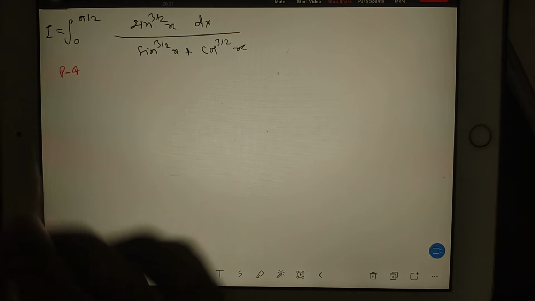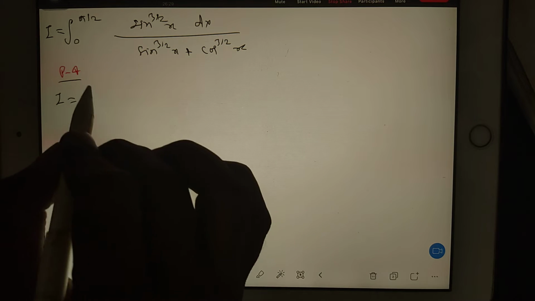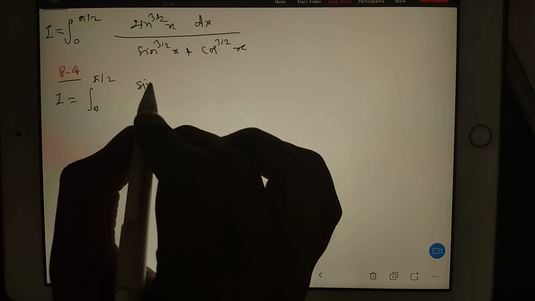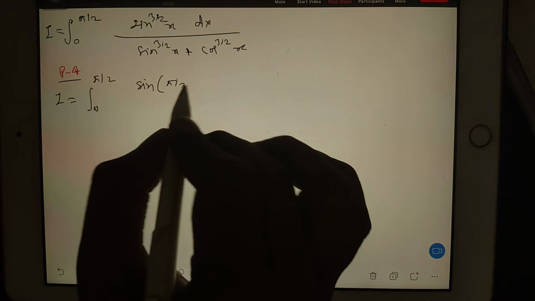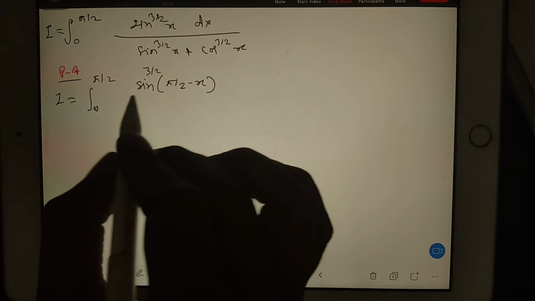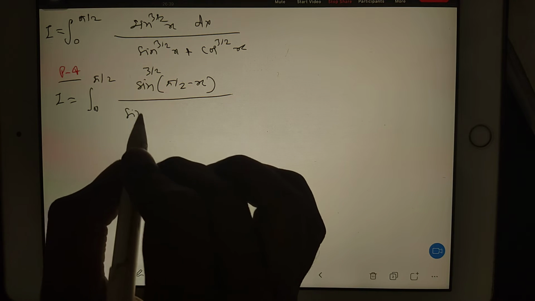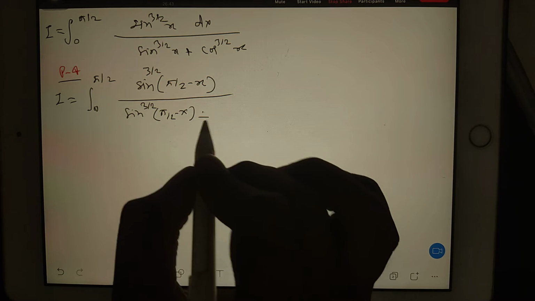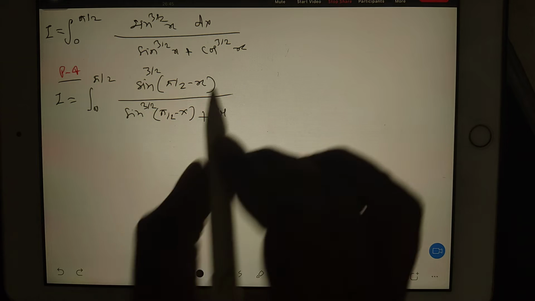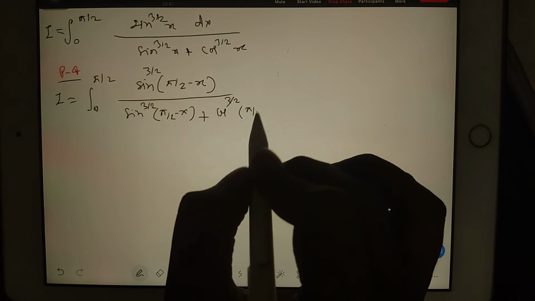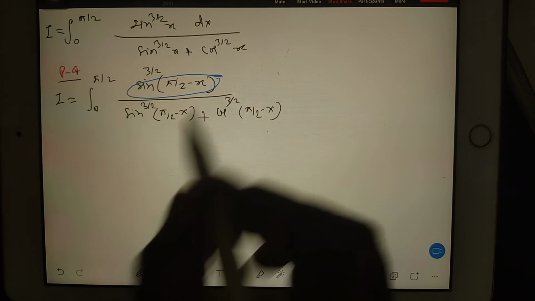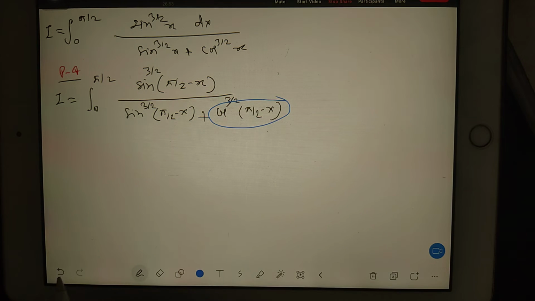Then you can see after applying property 4, it will look like I is equal to the integral from 0 to pi by 2 of, you can show also that you have applied property 4, pi by 2 minus x whole power 3 by 2, divided by sine 3 by 2 of pi by 2 minus x plus cos 3 by 2 of pi by 2 minus x. And you know very well that sine of pi by 2 minus theta is cos theta, cos of pi by 2 minus theta is sine theta.